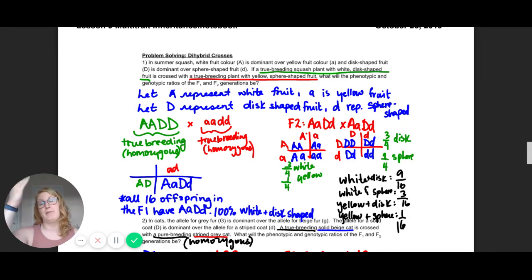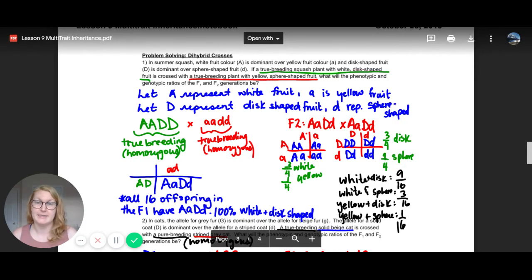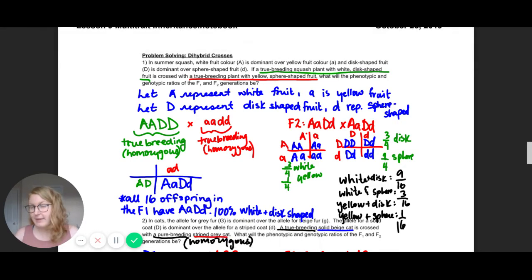So this parent will have 4 identical alleles, 100% the same. The second parent is homozygous recessive for both traits. Same thing, if I think about what allele possibilities there are, it's going to be 4 that are identical, all of them small a, small d. So to simplify things, I can just write it as small a, small d.